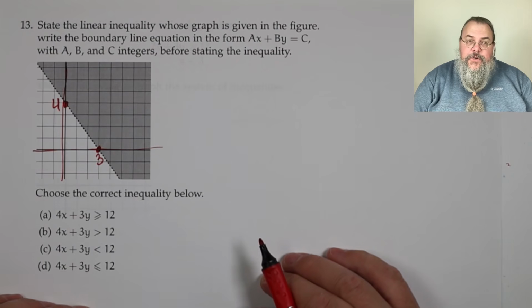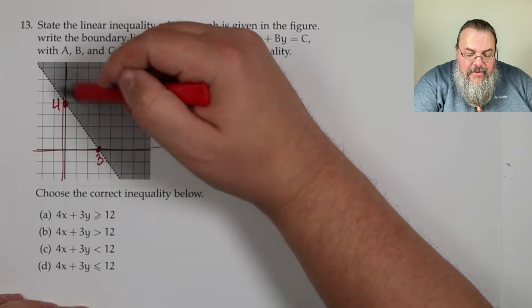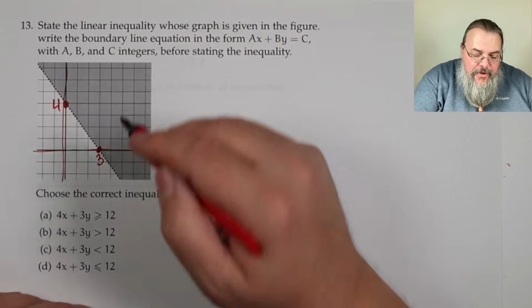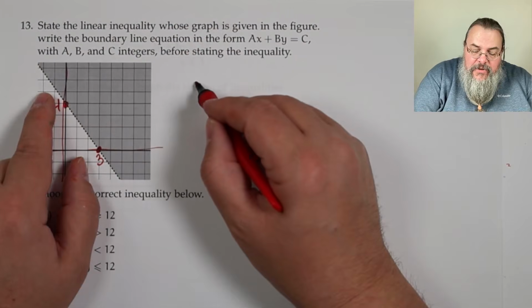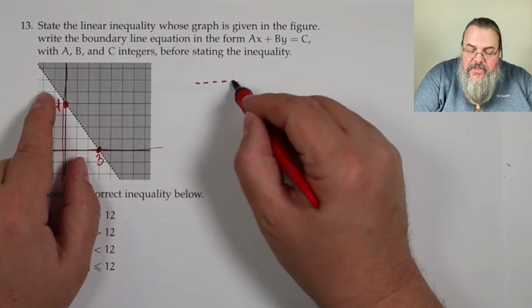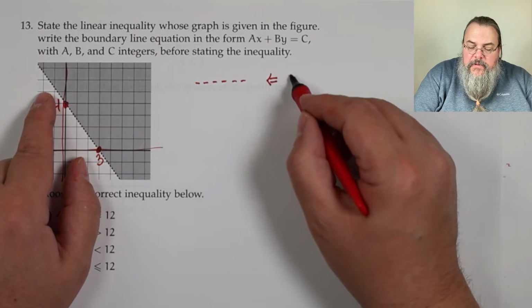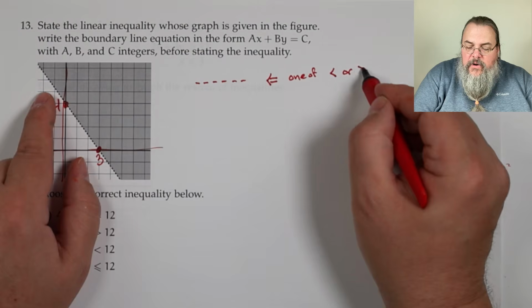So we're looking for 2 clues. First off, you have to look a little closely and say, is this a solid or a dotted line? Now, I don't know the resolution, but this is a dotted line. So when you see a dotted or dashed line, what does that mean? That means it's one of either less than or greater than.